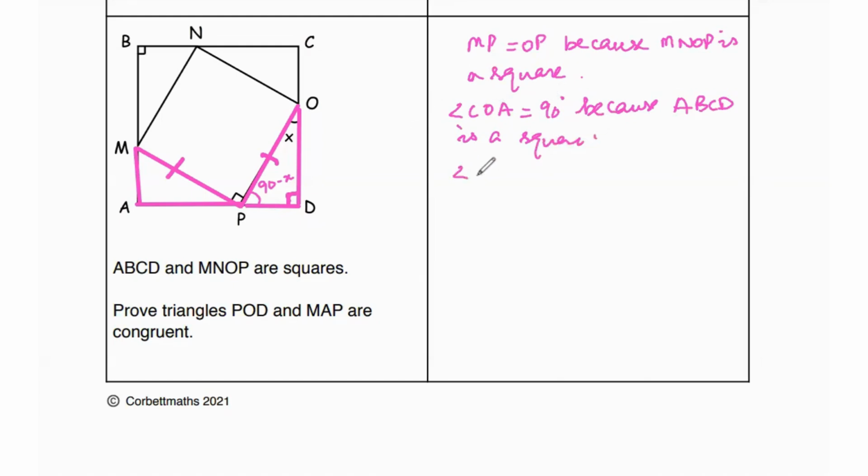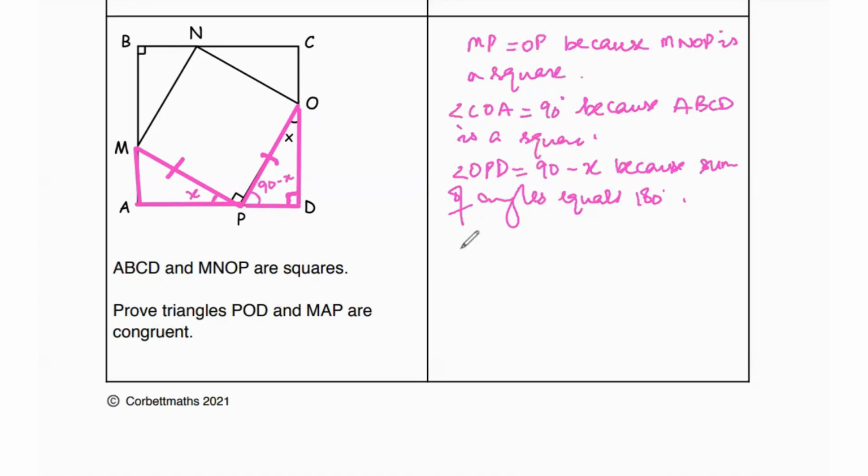Then angle OPD equals 90 minus x because the sum of angles equals 180 degrees. Okay. Now we can see that APD is a straight line, which means this would be x.